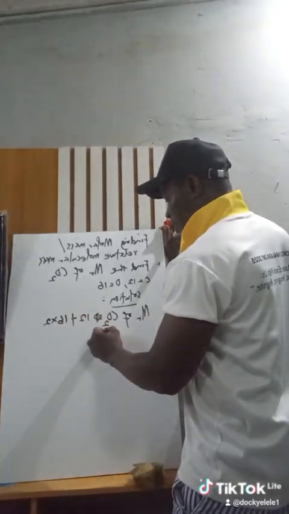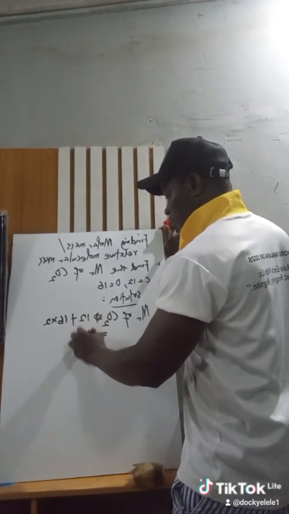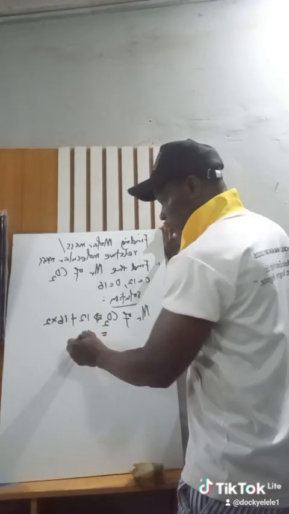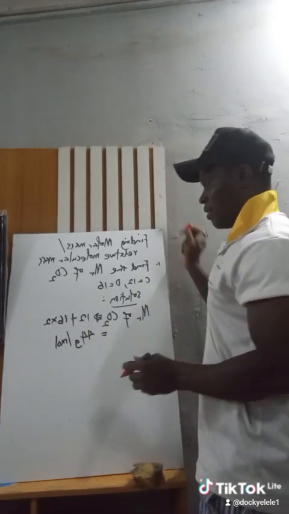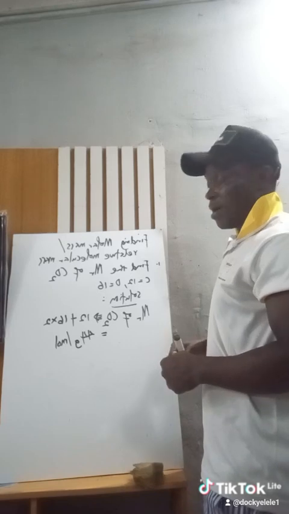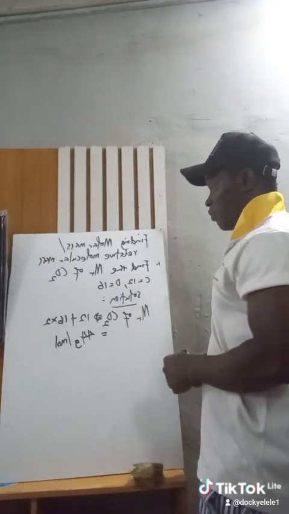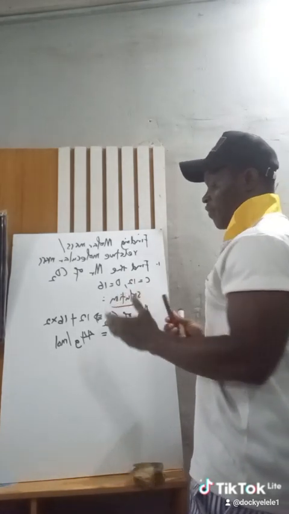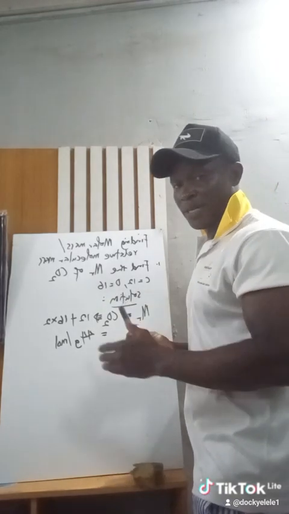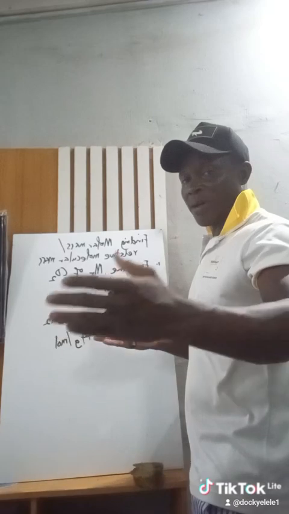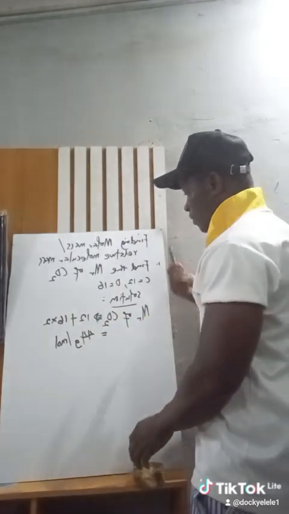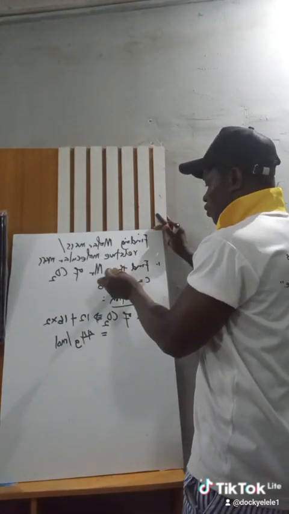If you do this math, it gives you 44. Then put the unit: 44 gram per mole. That's how to find the molar mass. Very simple. Molar mass is determined by adding all the individual atomic masses in the compound. Fine.